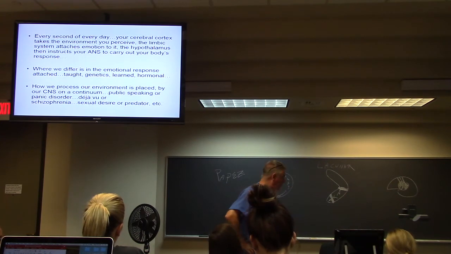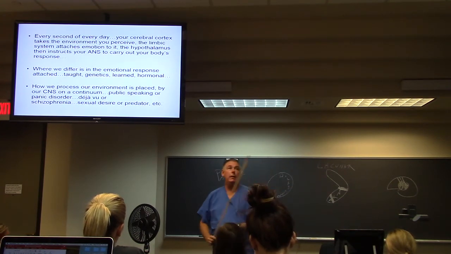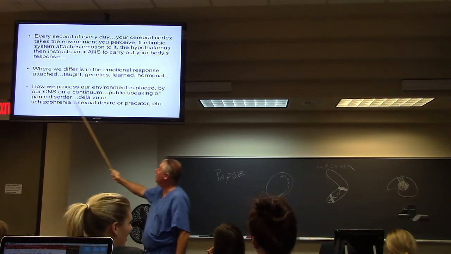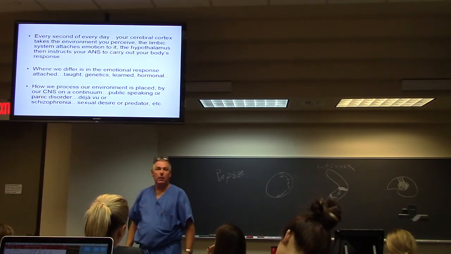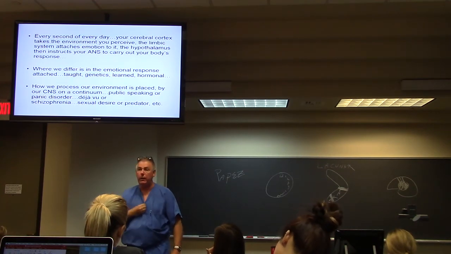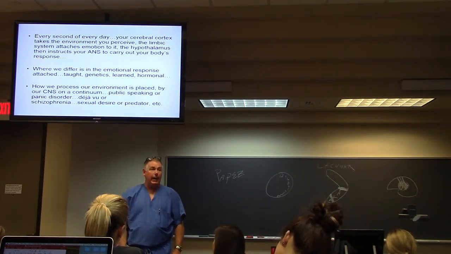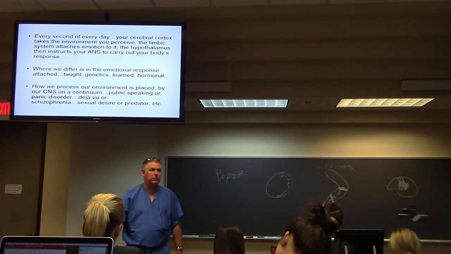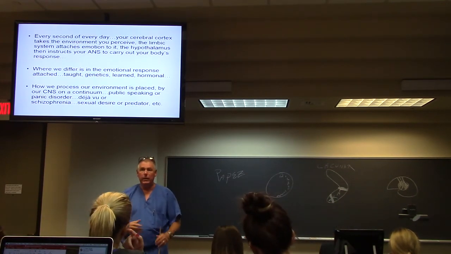Other people, public speaking sends them into a raging panic attack. Their heart starts pounding, they sweat. They feel like they're about to die. What is all that sensation? That's all autonomic. That's from your hypothalamus. The difference between me and them is a continuum.